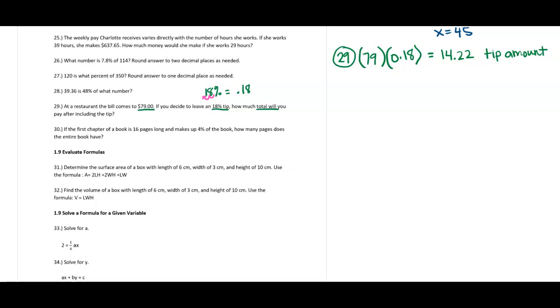Don't you add them together? Yeah, we're going to add this, sorry, the 79 plus the 14.22, right? Because 79 was what it started off before the tip, right? Then you add that tip to it. So then what does that make your total amount be?